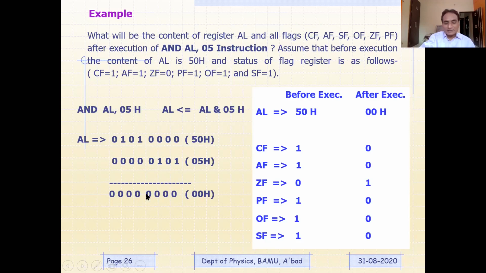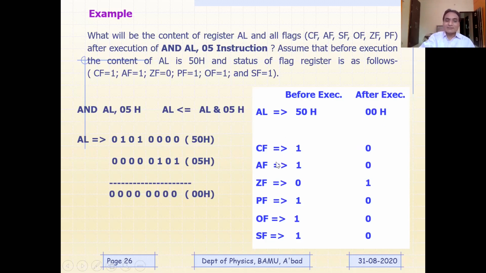And therefore your input was 50 and 05, and when we do logical ANDing of those two numbers, it will result into 00000000. It means 00H. So after execution क्या होगा? This will go to AL. AL is going to be 00H.